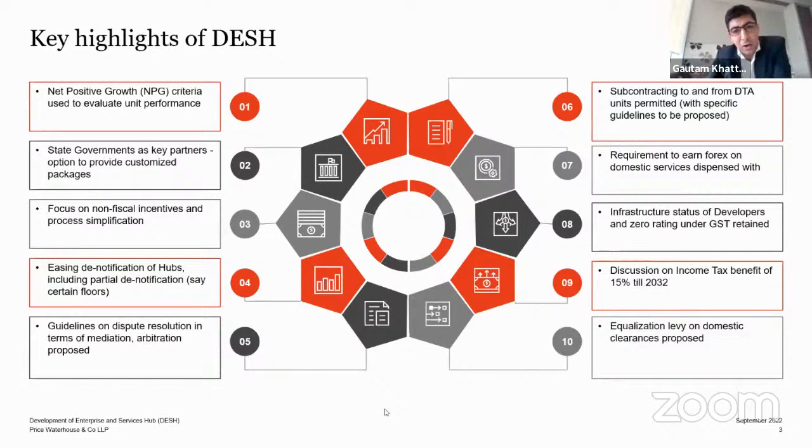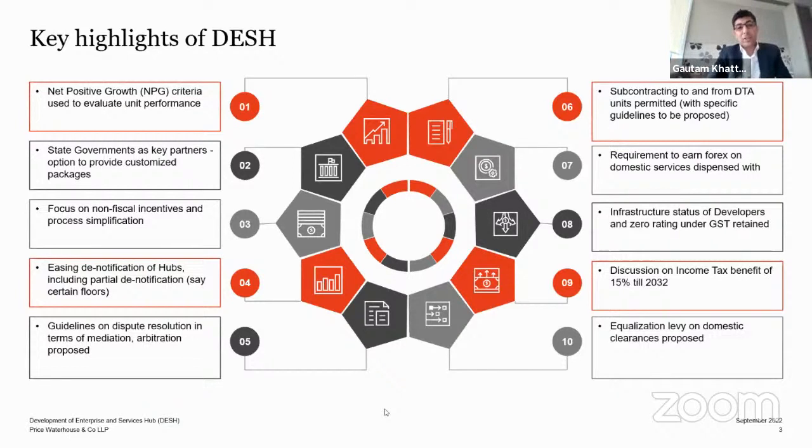If you move to the right hand side to some of the points, here I would like to bucket these points into two baskets. One is ease of doing business. From an ease of doing business perspective, you would see the first 2 points, which is a change in subcontracting provisions. Earlier, SEZ units could subcontract part of their work to a domestic manufacturer. But under the new legislation, a domestic manufacturer can also subcontract work to SEZ.